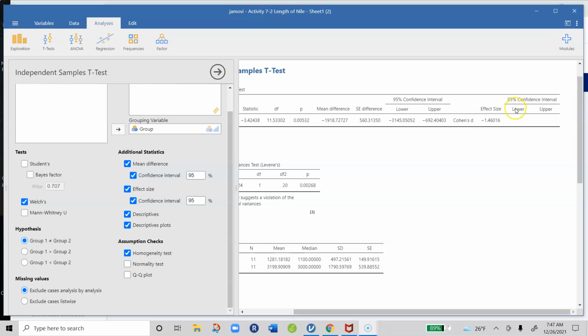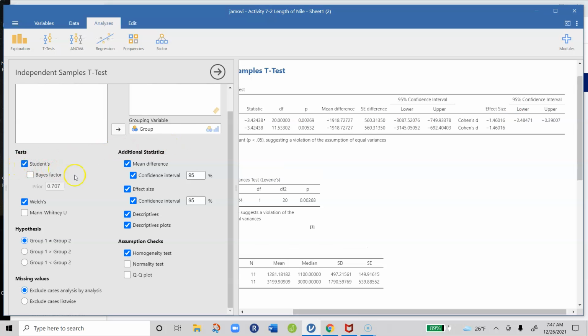Now you'll notice our effect size is very large, negative 1.46. Remember with effect sizes, we ignore the negative sign just to determine how large it is. So 1.46 is a very big effect. But note that we don't have confidence intervals listed there. To get the confidence intervals, you need to click back on the student t-test.